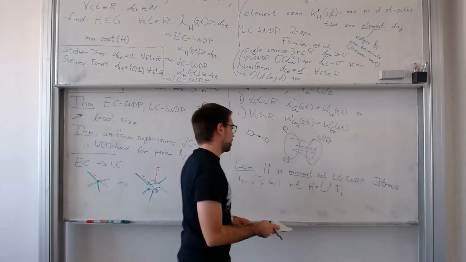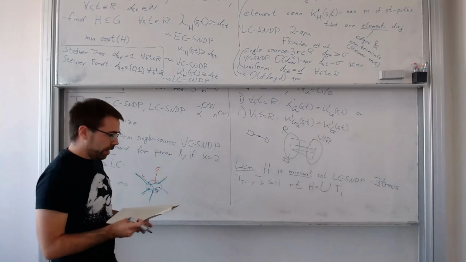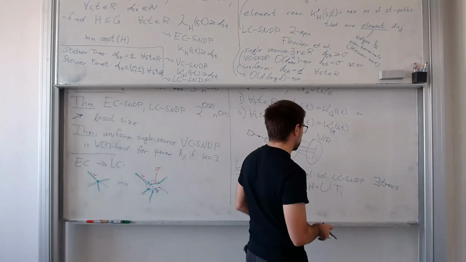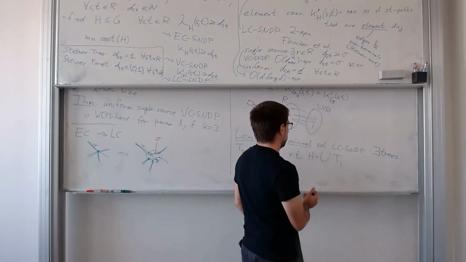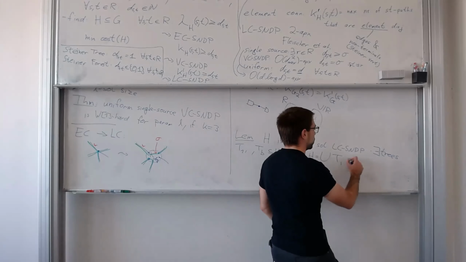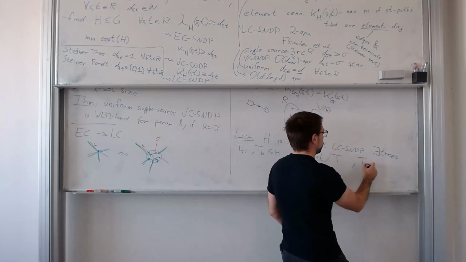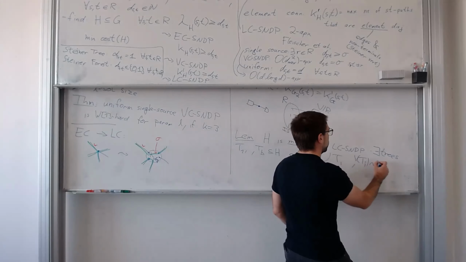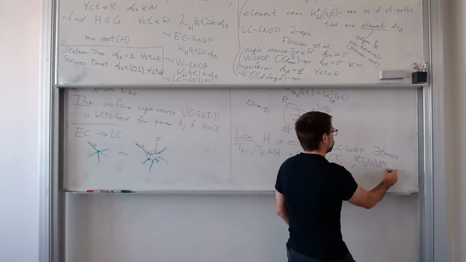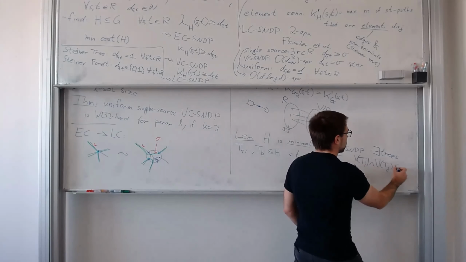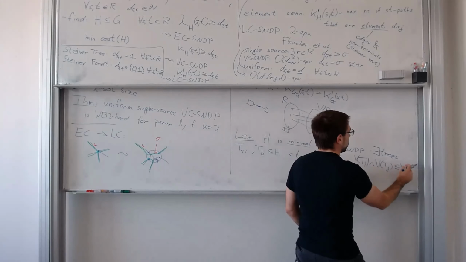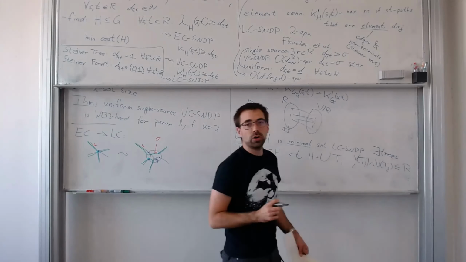And also, if you look at the intersection of two such trees, so if you take the vertex set of Ti and intersect it with the vertex set of Tj, then these are only terminals. Okay, so they only intersect in terminals.